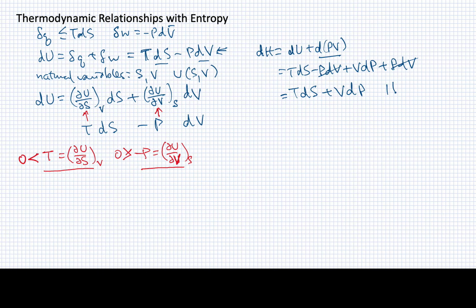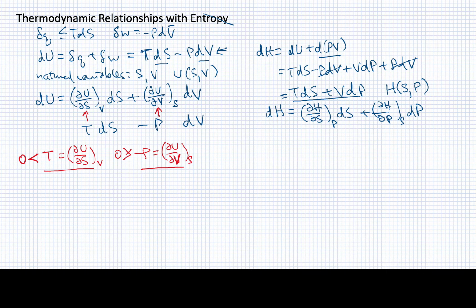Or in other words, I can think of enthalpy as being a natural function of entropy and pressure. So now when I write its total differential, I would write it something like this. I would write dH equals the partial of H with respect to entropy at constant pressure dS plus the partial of H with respect to pressure at constant entropy dP, and now I can relate it to this expression up here.